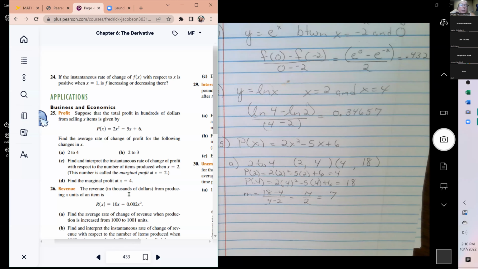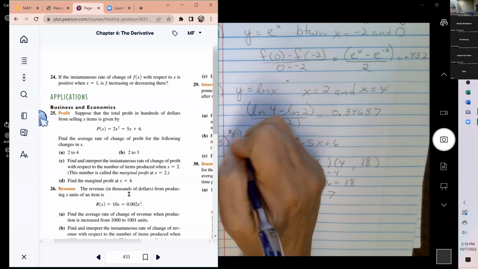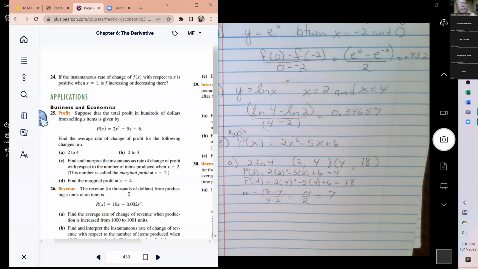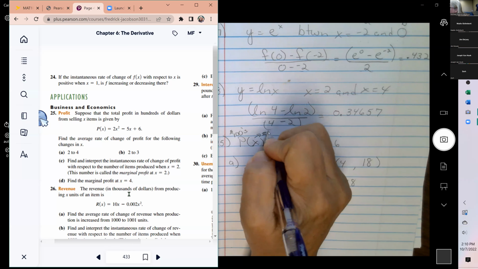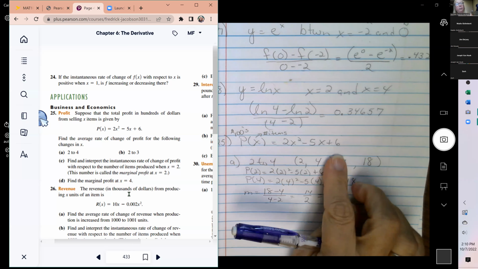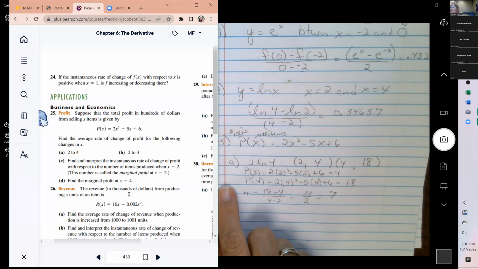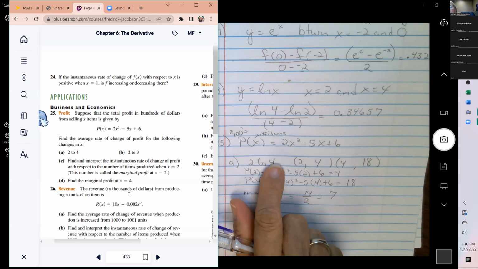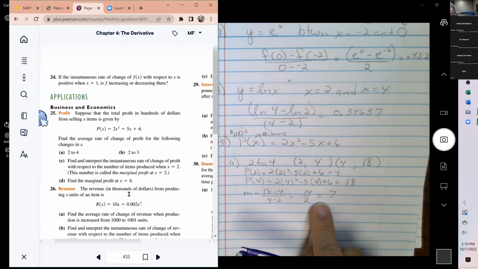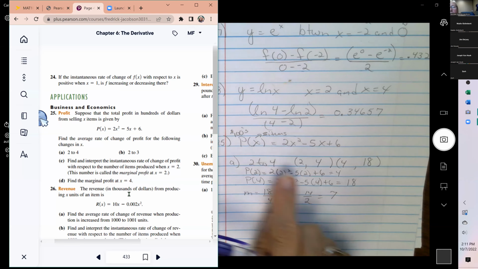It says, suppose that the total profit in hundreds of dollars, so this is in hundreds, from selling X items is this equation. Find the average rate of change of the profit. So what this means is if we go from selling 2 items to selling 4 items, we will increase our profit by $700, because profit is in hundreds, this would be 700.